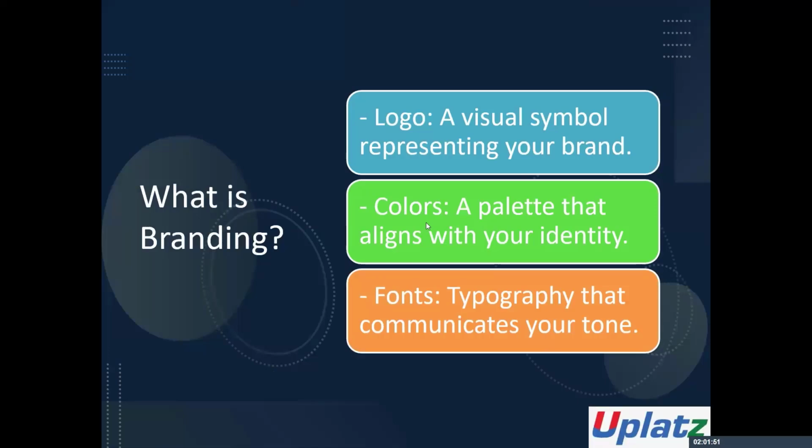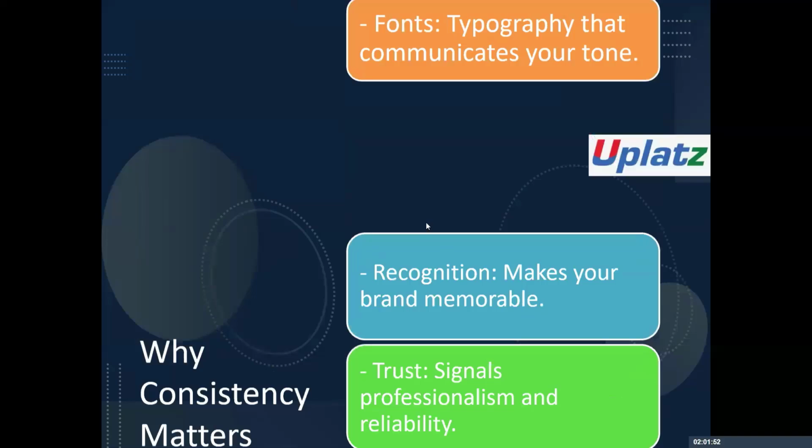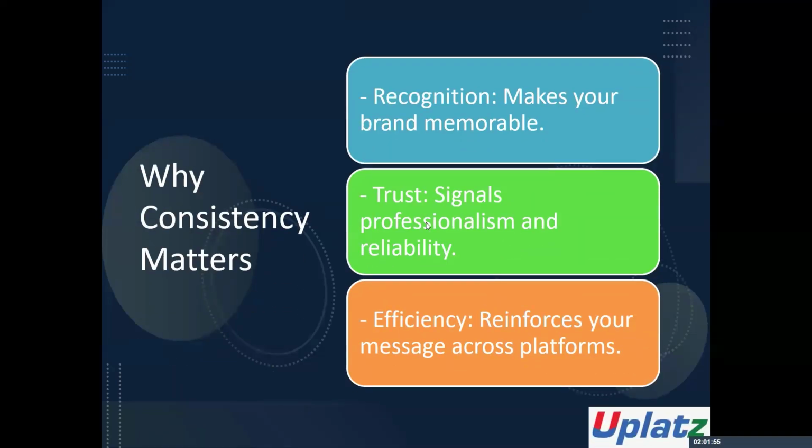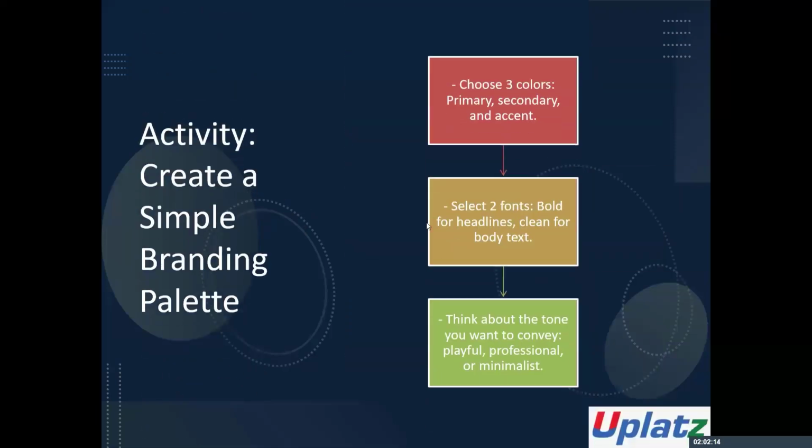And fonts can be typography that communicates your tone. We need to understand why consistency matters. So we have recognition, which makes our brand memorable. We have trust, which signals professionalism and reliability. And the next part is efficiency, which reinforces your message across platforms.